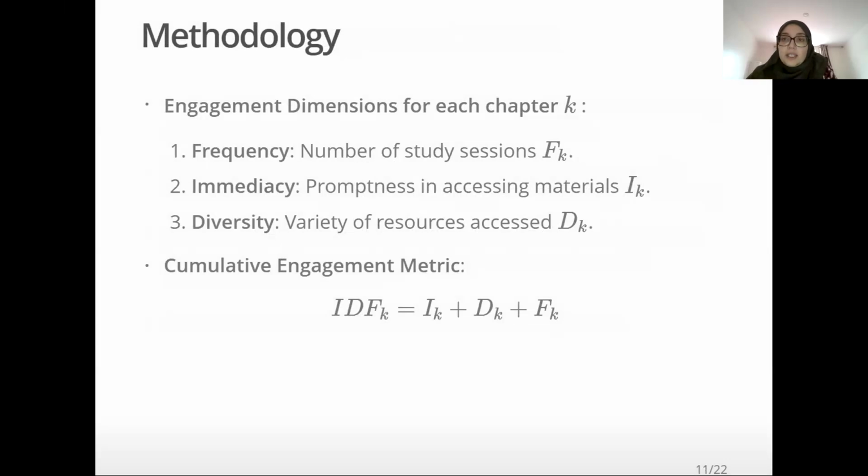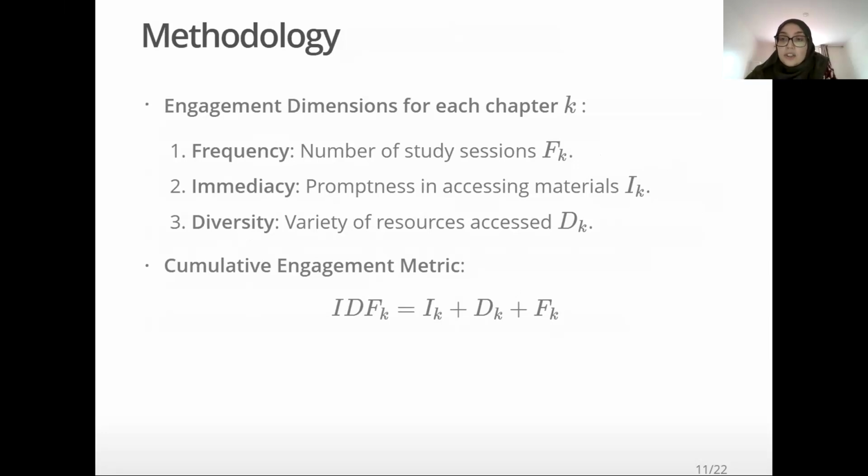So we changed the metric proposed by Wang and Chong to remove recency and add the diversity of resources. We would only use the frequency, the immediacy, and the diversity, and we call this the IDF engagement metric, which is simply the sum of all three variables.